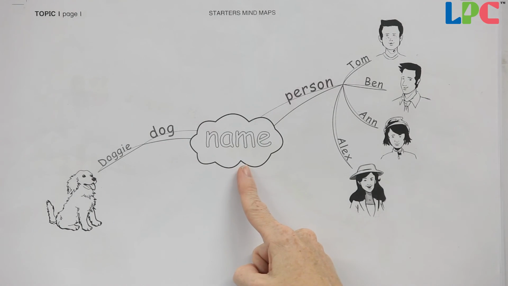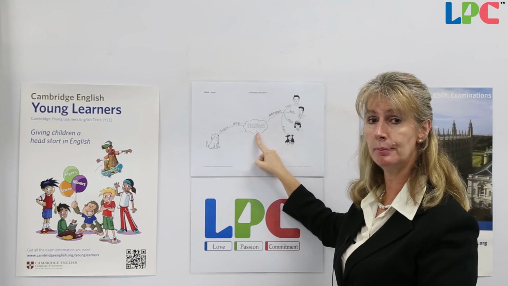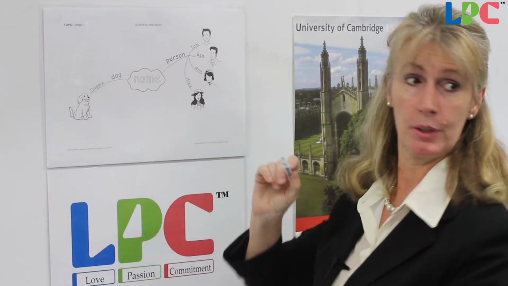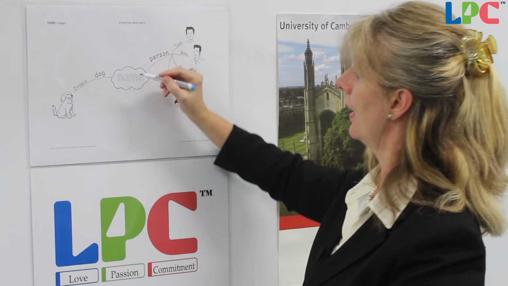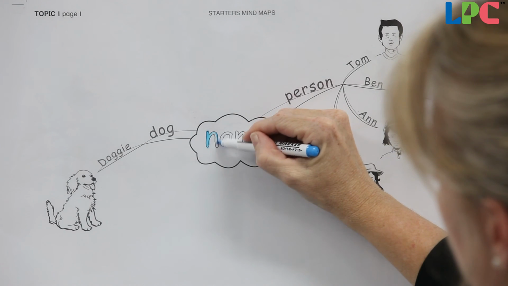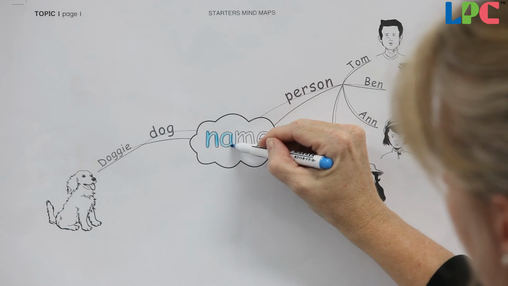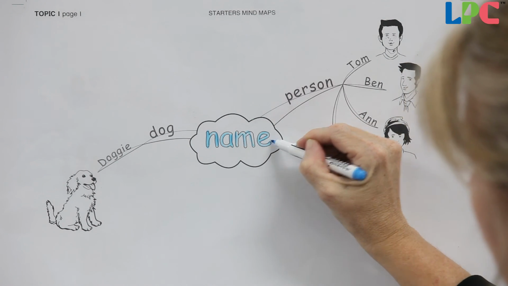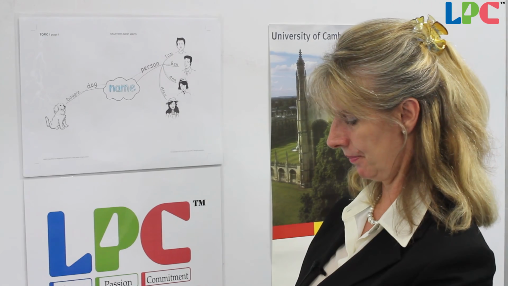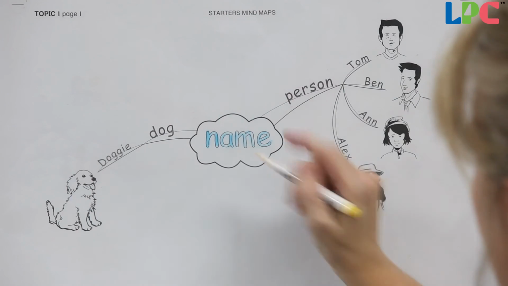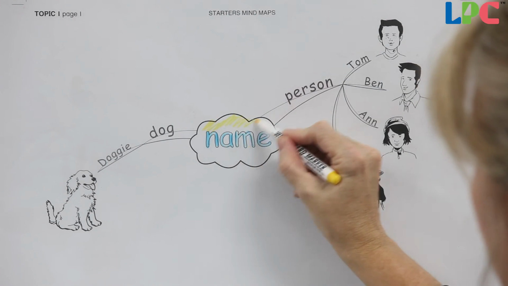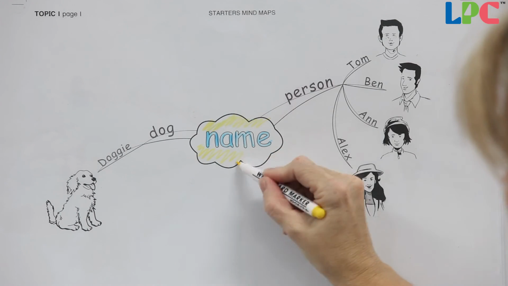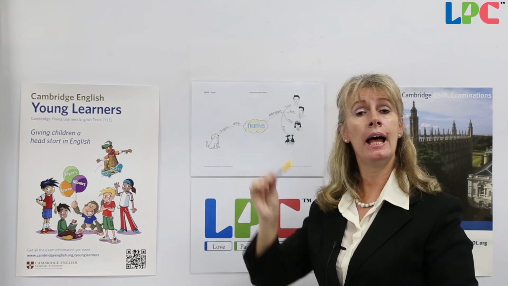Color, name any color you like. Look. N, A, M, E. Name. Name. Name. And pencils down.